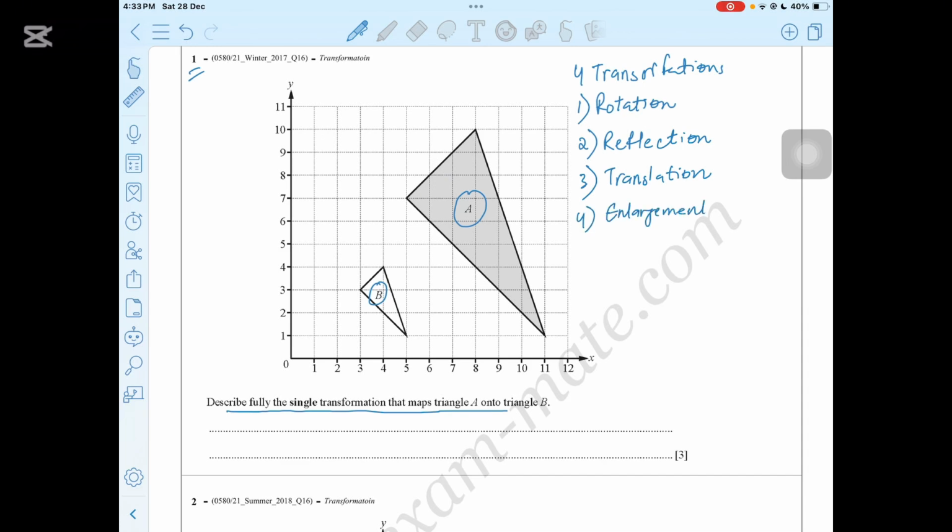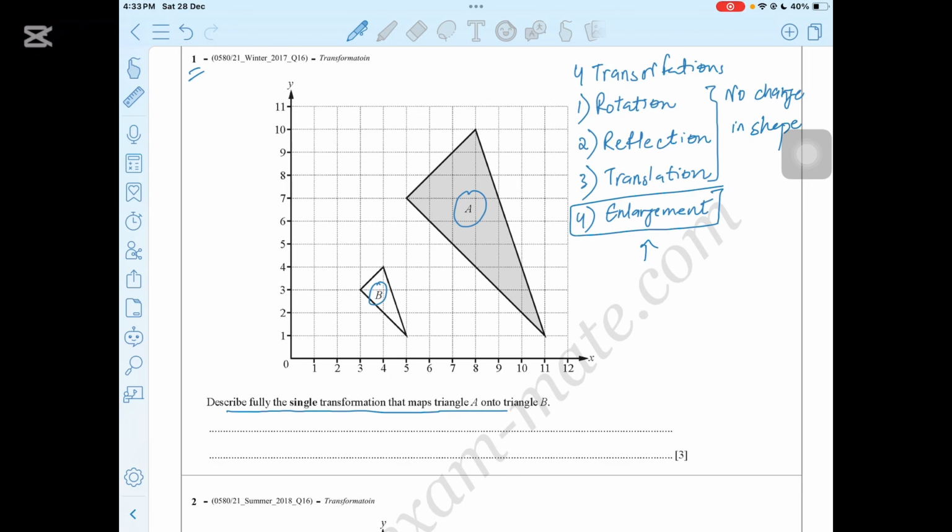So in the first 3 transformations there is no change in shape, while the shape changes in this particular transformation, I would say.